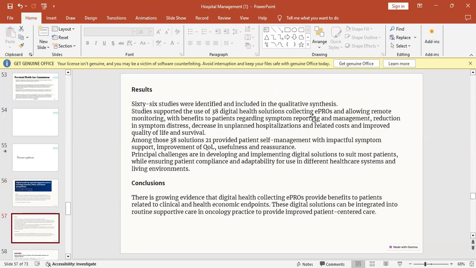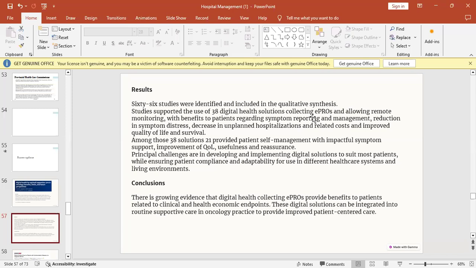66 studies were included in the qualitative synthesis. Studies supported the use of 38 digital health solutions, collecting patient reported outcomes and allowing remote monitoring with benefits to patients regarding symptom reporting and management, reduction in symptom distress, decrease in unplanned hospitalizations and related costs, and improved quality of life and survival.